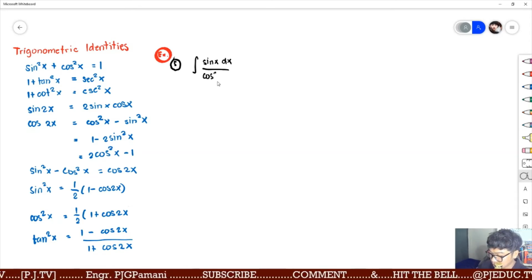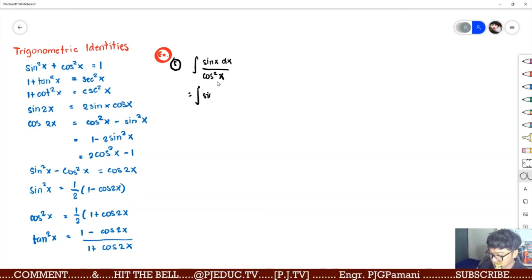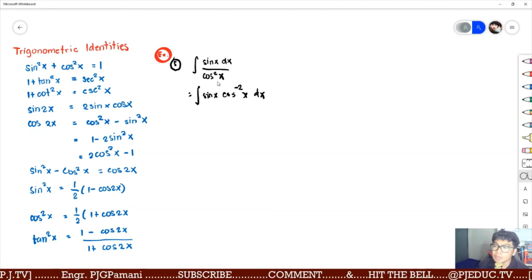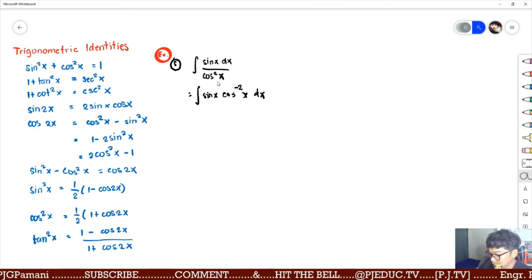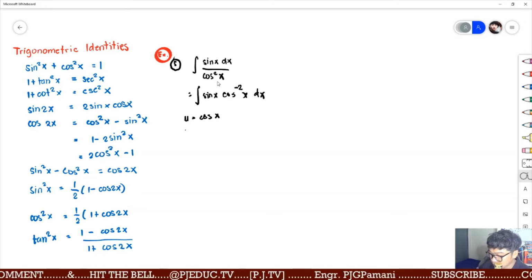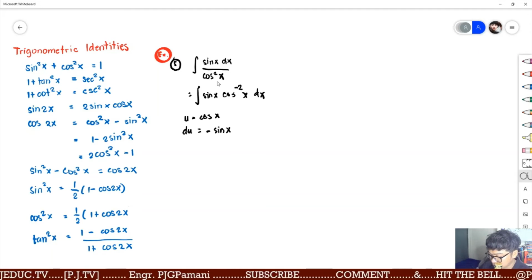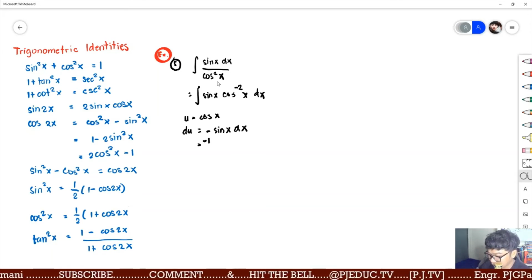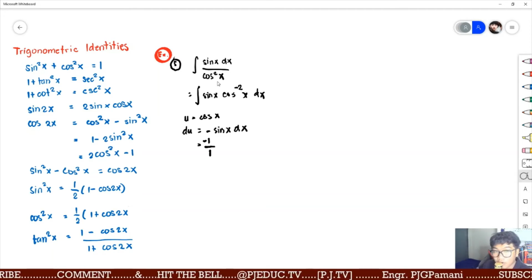Cosine squared x. We can also simplify that as sine x of cosine negative 2x dx, di ba? Parehas lang naman. Then we know that the differential of cosine x is simply equal to negative sine x dx, which will lead us to introducing a correcting factor of negative 1 over 1.